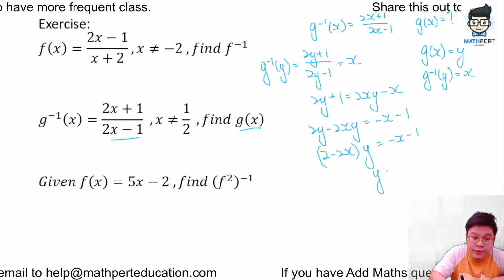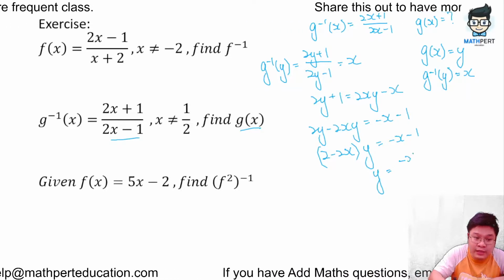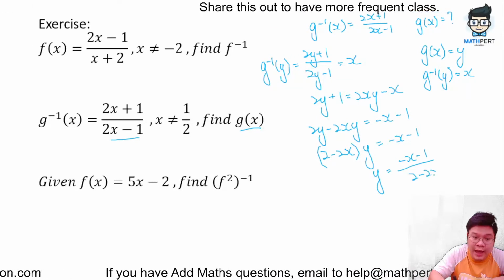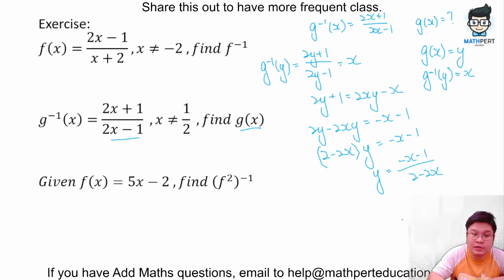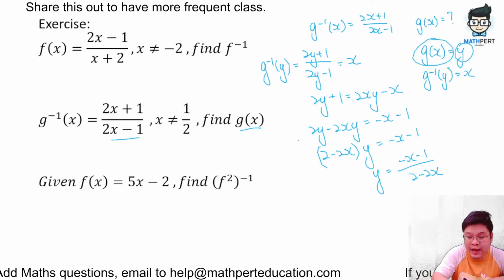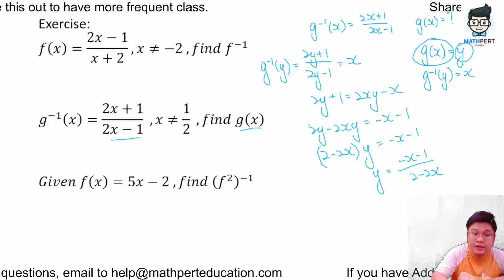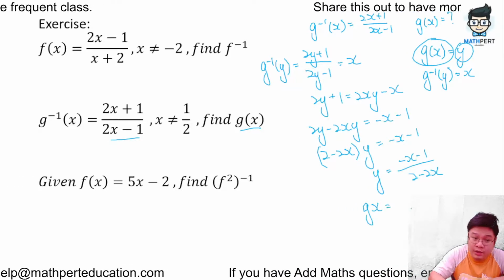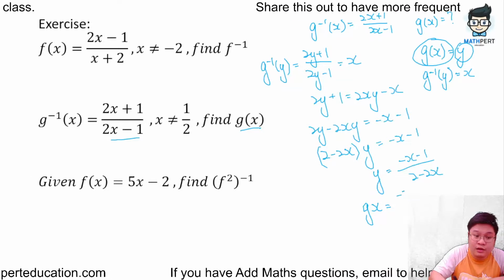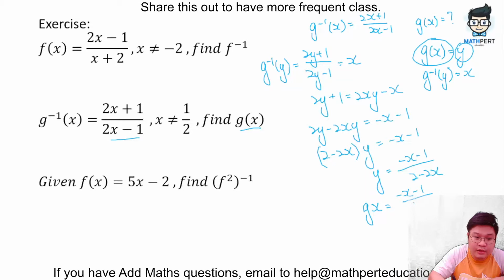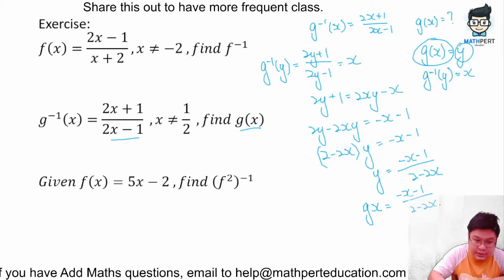So y equals minus x minus 1 over 2 minus 2x. From here, y is equal to gx, so gx is equal to negative x minus 1 divided by 2 minus 2x.